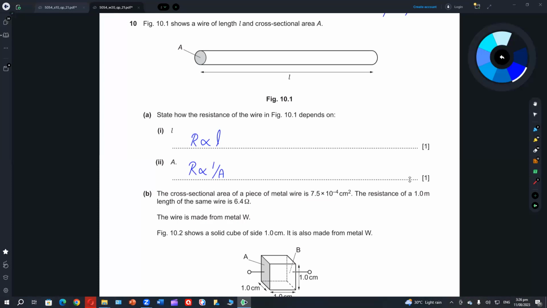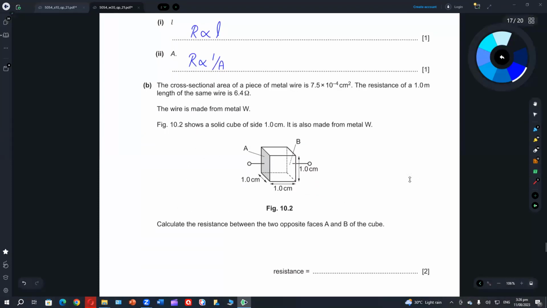Now, the cross-sectional area of a piece of metal wire is this much. This is the area given. The resistance of a 1 meter length of the same wire is 6.4.